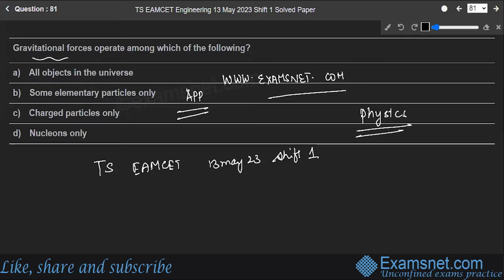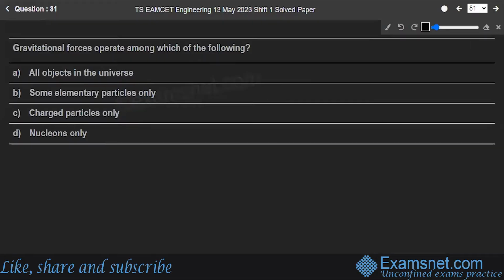It says, gravitational forces operate among which of the following? All objects in the universe, some elementary particles only, charged particles only, or nucleons only. I think you know the answer. The gravitational forces operate among all the objects in the universe. All objects having mass will be affected by the gravitational forces. One object having some mass exerts a force on another object having some mass, always.